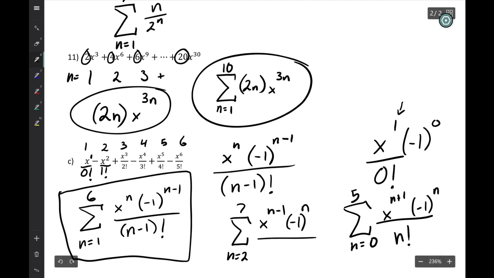And then on the bottom, it would need to be n minus 2 factorial. So you can kind of shift it, and really if I put a minus 2 up here, it would work as well. And you can shift the value of n as you need, and it gets really interesting.